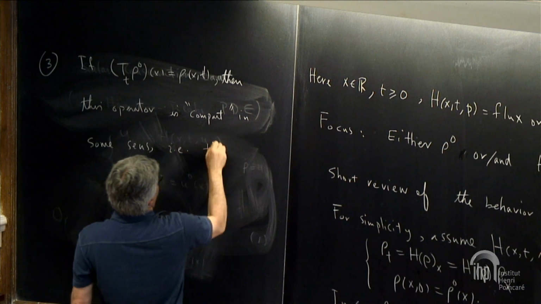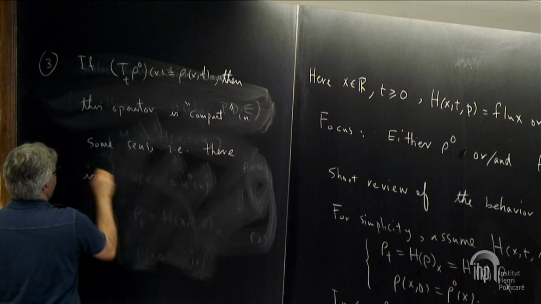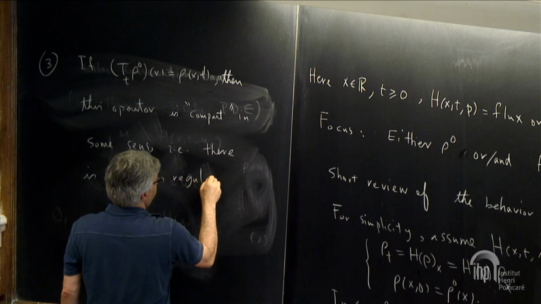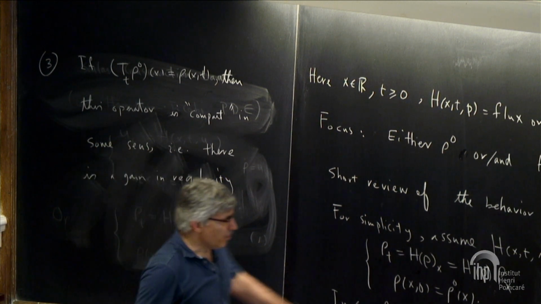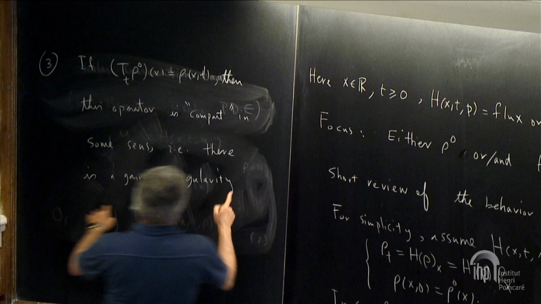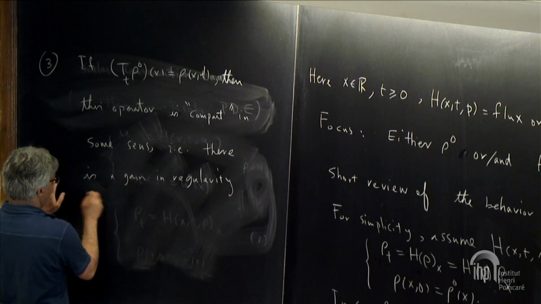That is, there is a gain in regularity. As I mentioned, if you start with a smooth solution, you may develop discontinuity. But if you look at it differently, in fact, there's some gain in the regularity of the solution if you assume H is, for example, nonlinear.